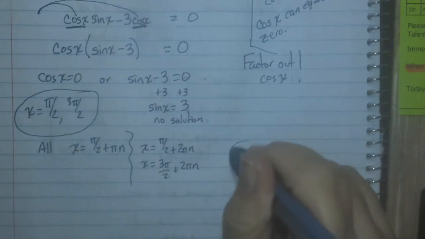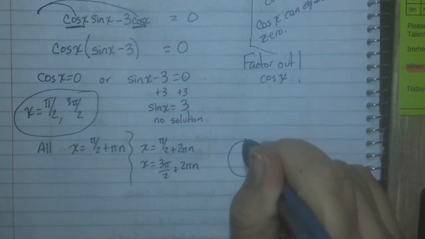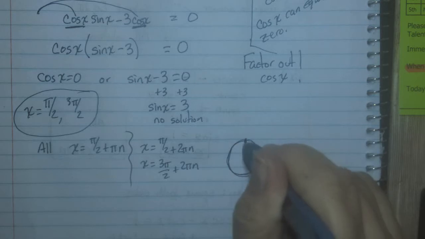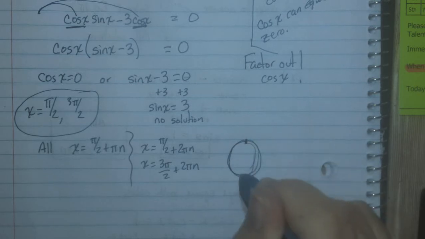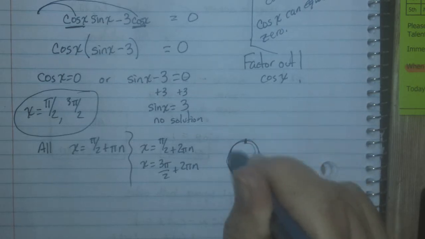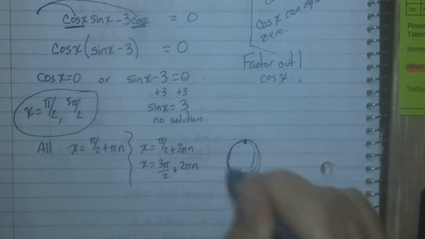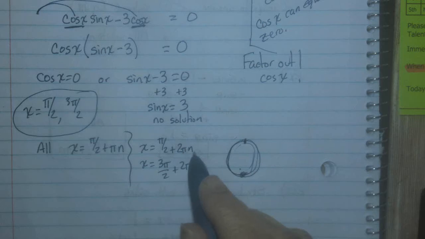So what you're saying here is, here's an answer, and every time I go around the circle, I'm landing on that answer again. And here's another answer, and every time I go around the circle, I'm landing on that answer again. Right? Because all the way around the circle is 2 pi.